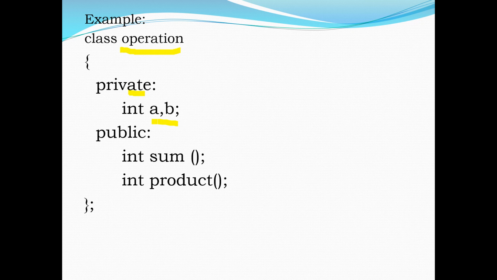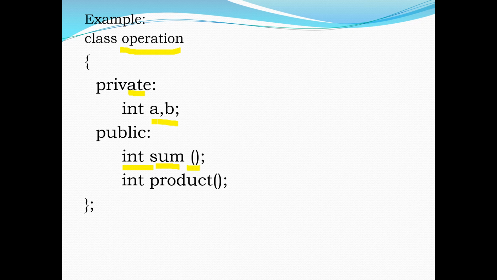Once I declare the data members, I'm going to create the member functions. Just observe the member functions here. As I told you, we just declare them as normal functions inside the class, with a return type followed by the member function name.